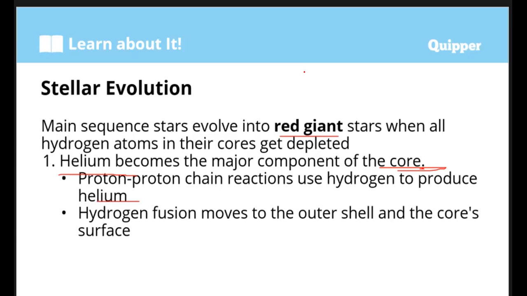Since it is already depleted and that star evolved into a red giant star, the hydrogen that is being absorbed or gathered undergoes a proton-proton chain reaction producing helium, because red giant stars need helium to evolve into a higher level star. So hydrogen fusion moves to the outer shell and the core surface.